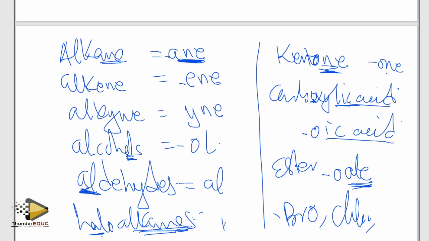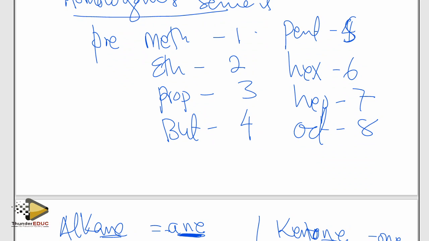Now let's have a simple example in this regard. Alkanes end with this. If I have 1, 2, 3, 4, 5 carbons, you have to know that the prefix 5 means pent.